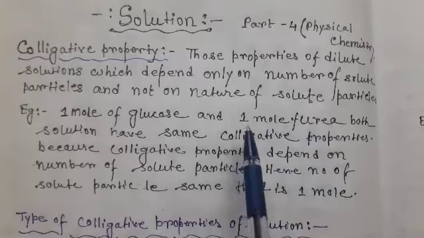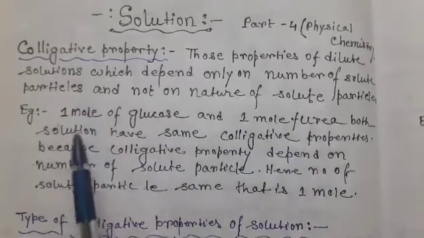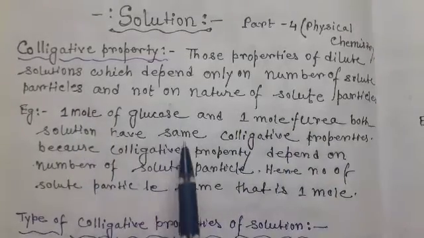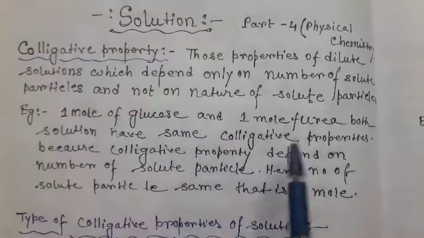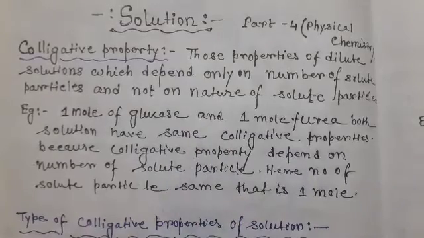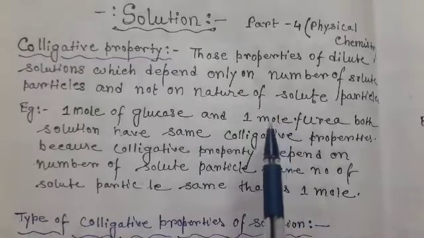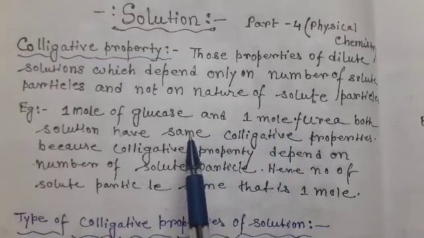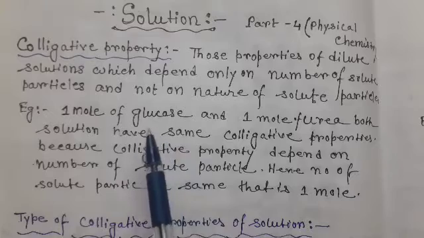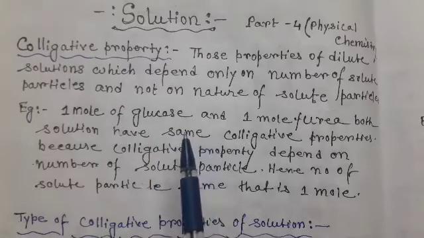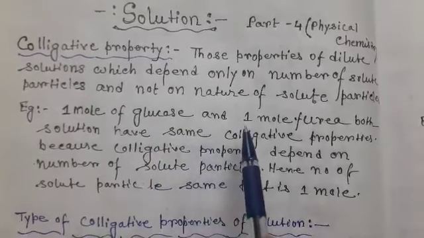Both contain the same number of particles, so the colligative properties are also the same, but the nature of the solute particles is different. Although the nature of the solute particle is different, due to the presence of the same number of particles, the colligative properties are also the same.